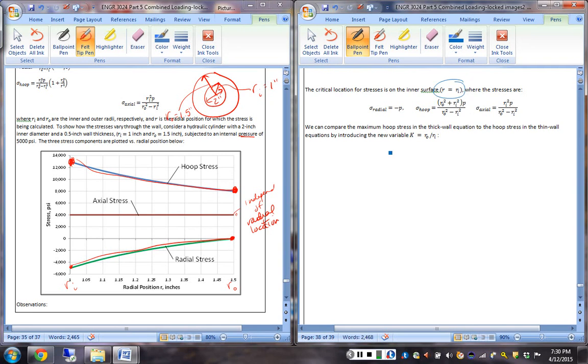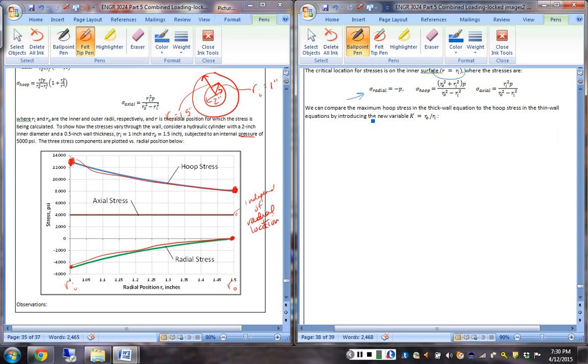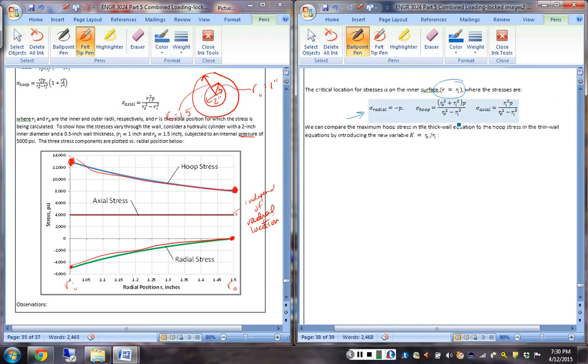And those critical stress values for our stresses in the three different directions, when r equals r sub i, in our radial direction simplifies out to a value of minus P. In our hoop direction, we have the sum of the squares of the radii times the pressure over the difference of the squares, and in the axial direction, we simply have the inner radius squared times the pressure over the difference.